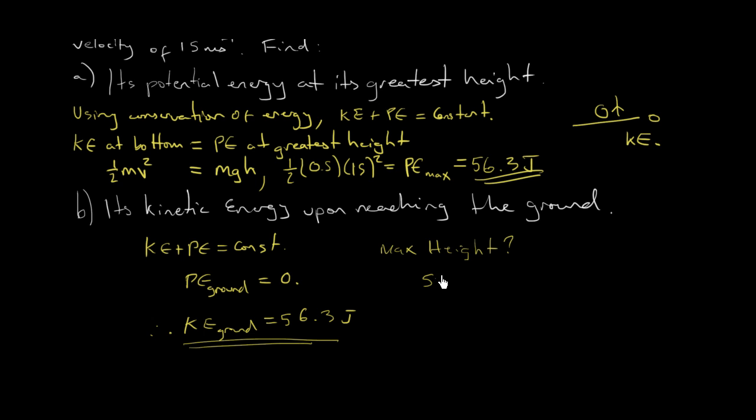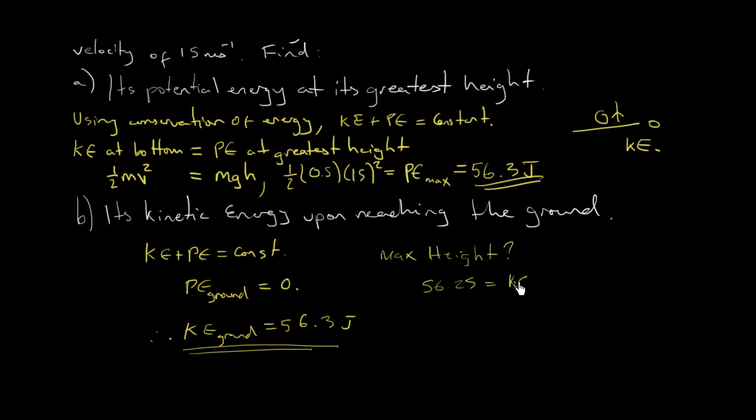So 56.25 is equal to the initial kinetic energy, the kinetic energy on the ground, which is equal to the potential energy at the top, the maximum height. In other words, mgh is equal to 56.25, and so h is equal to 56.25 divided by mg.